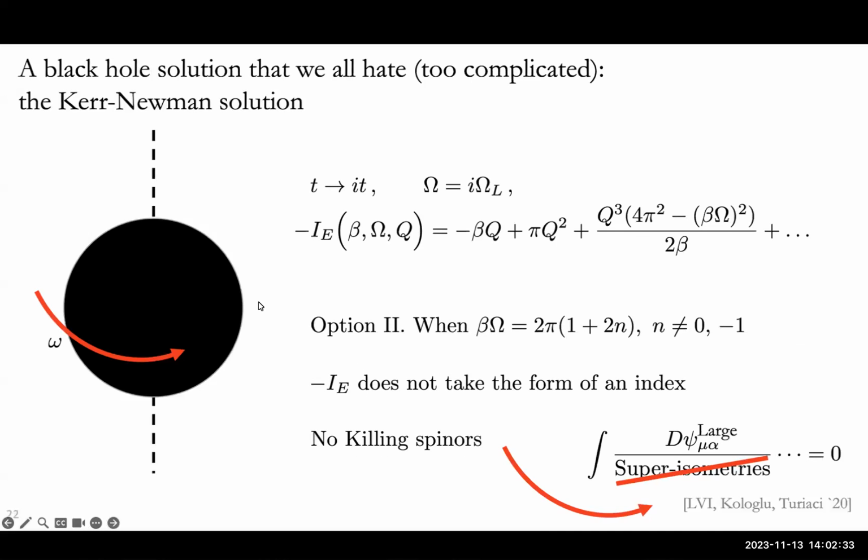The only one-loop effect that I wanted to explain is the fact that these solutions that have n different than 0 and minus 1 have a mode that has no weight in the action to all orders in perturbation theory. You have an extra fermionic zero mode, and that kills these solutions.